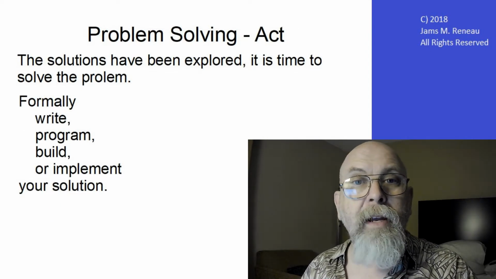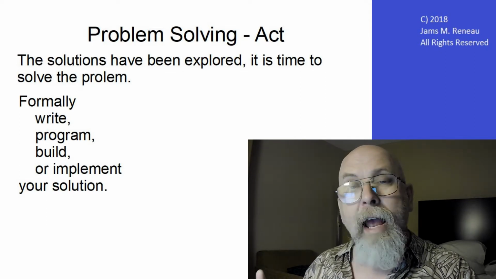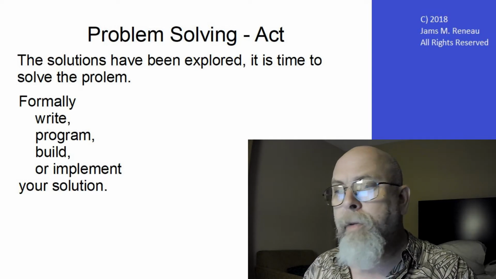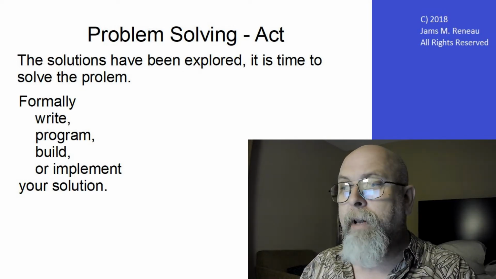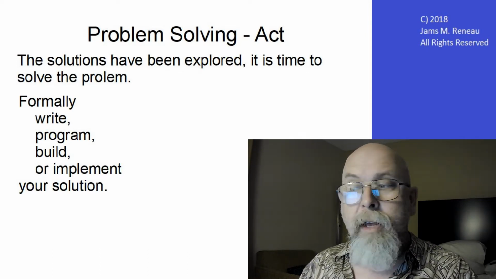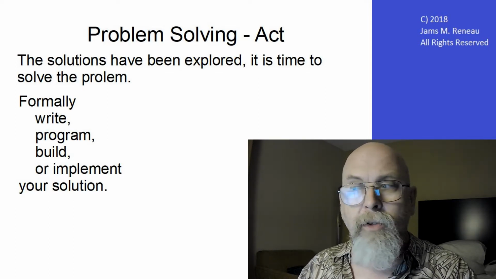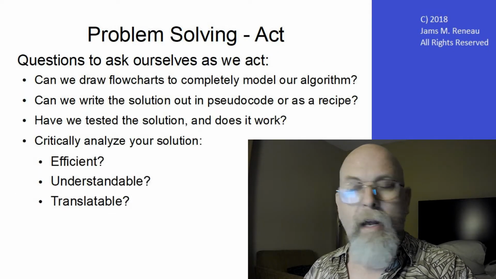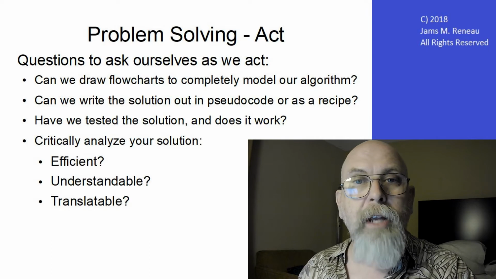The fourth step in solving a problem is to act. And at this point, we've fully explored the problem. We understand the problem, and it's now time to solve it. We formally write our program or our instructions, or we build something, or we implement our solution, our good solution from the explore phase. As we're acting on our problem, do we fully understand our models?